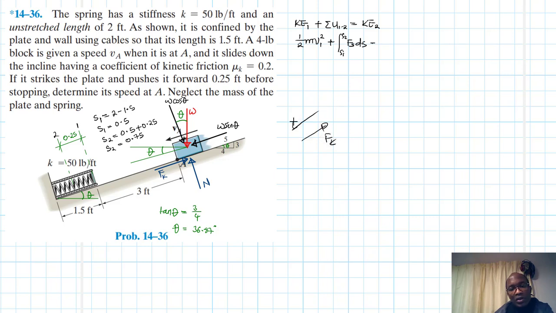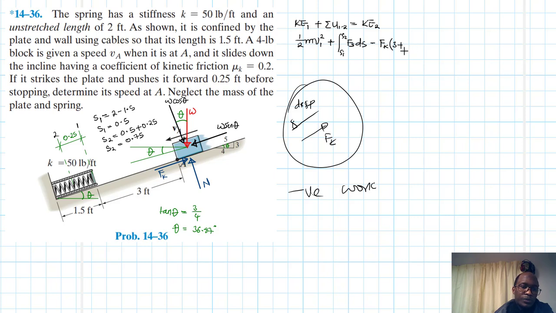We have friction like so, then we have displacement like so. This gives us negative work. So this is just going to be equal to minus Fk times (3 plus 0.25). This is how much the spring has been deformed.